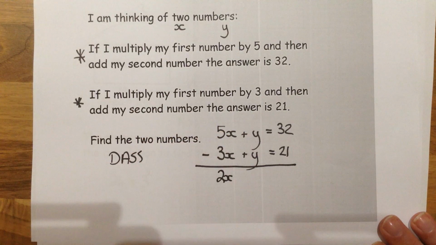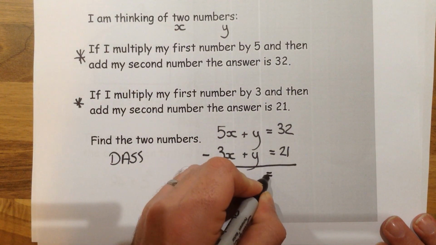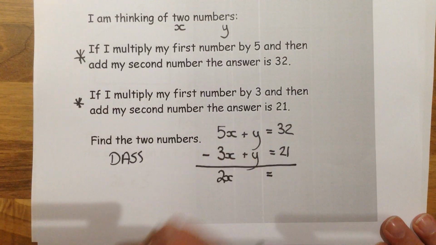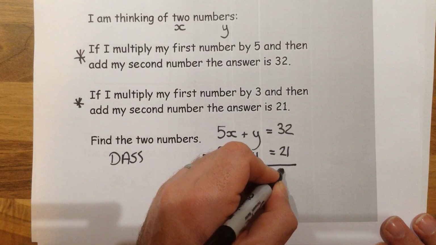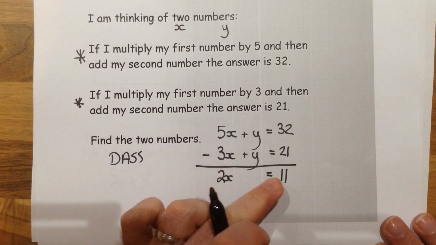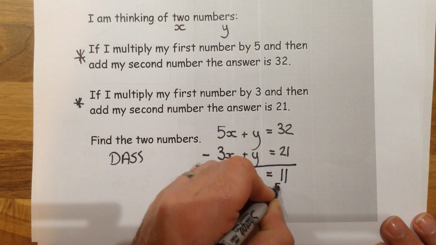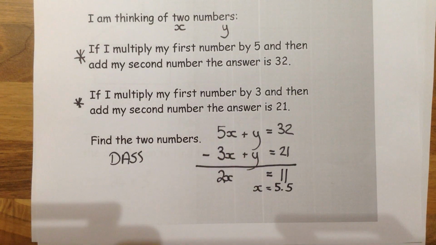The y's will cancel each other out. This is why we've done this process. And 32 take away 21 would give me 11. 2x is equal to 11, so x would have to be 5.5.